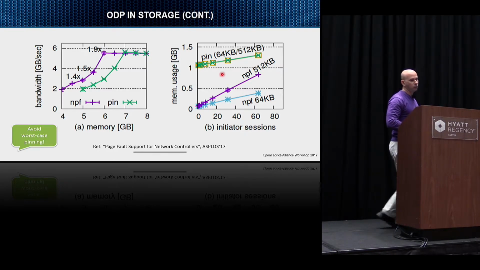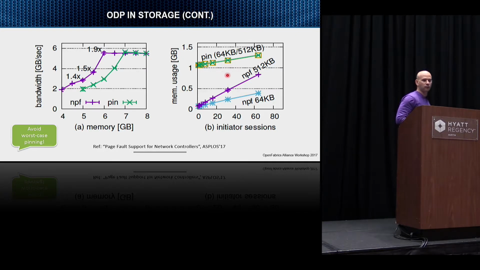Now, you might say, who are those idiots that wrote TGT to allocate half a meg for every transaction? This could have been optimized instead of doing this demand paging stuff. But the thing is that I don't know and I don't care. When I'm running an application, I just want it to run well.